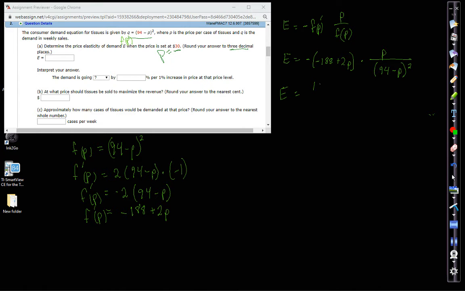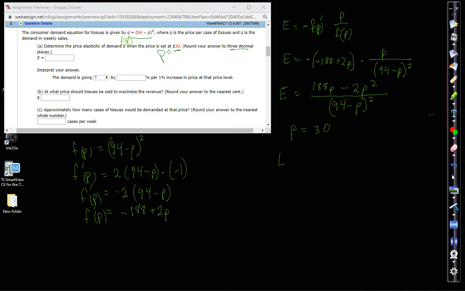So we get 188 P, and then this is going to become negative 2P squared, because P times P is P squared, all over 94 minus P quantity squared. First part of the question is, let's see what this is equal to when P equals 30.